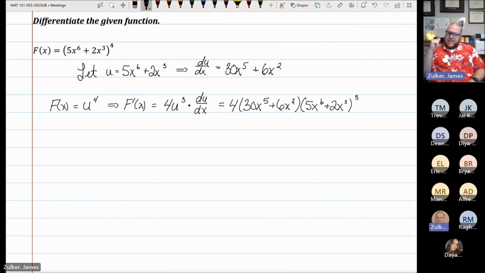Now resubstitute everything in: 4 times 30x to the fifth plus 6x squared, this is the du/dx, and then u cubed is 5x to the sixth plus 2x cubed, cubed.